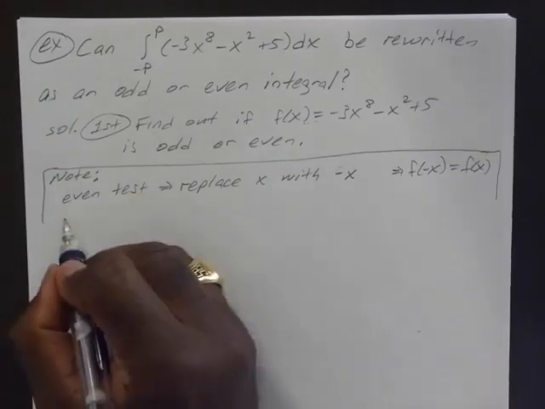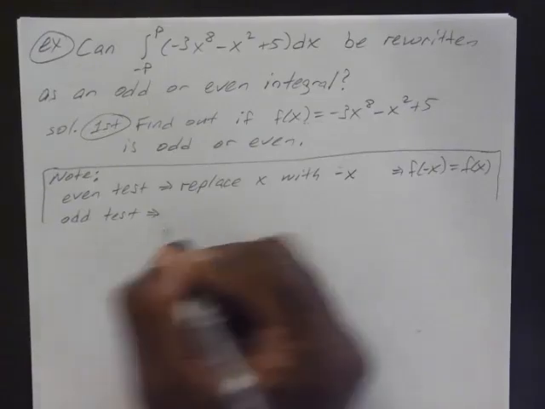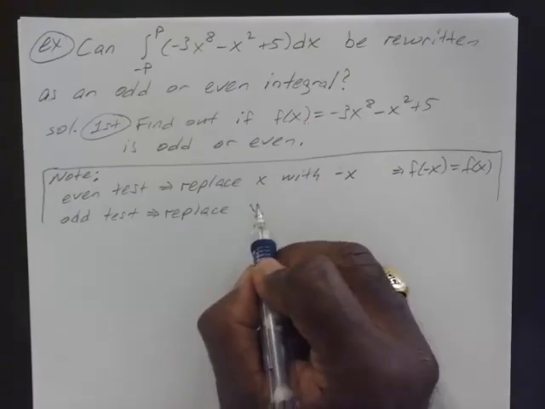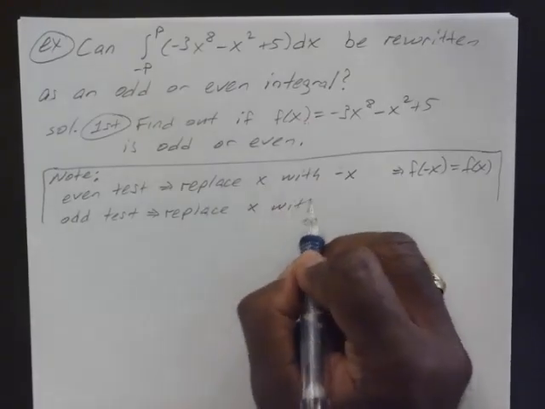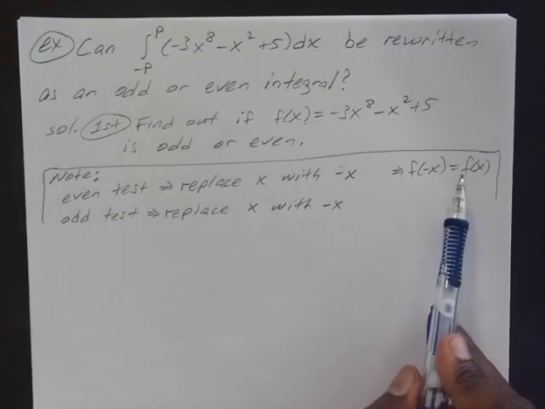And the odd function test, you're going to replace x with negative x, and you should get the negative of your original function.